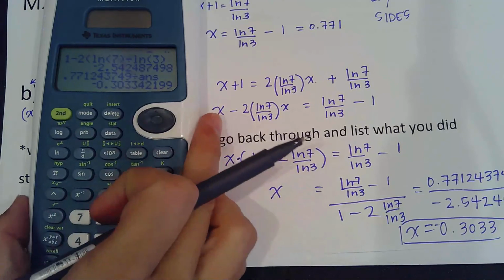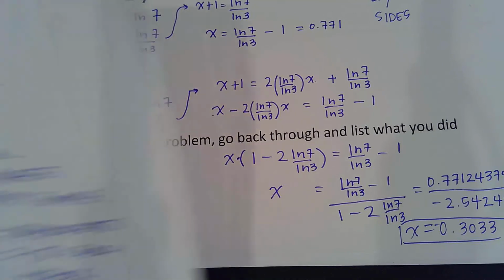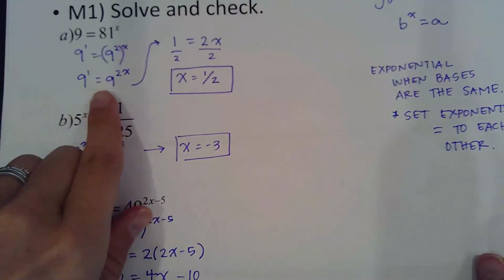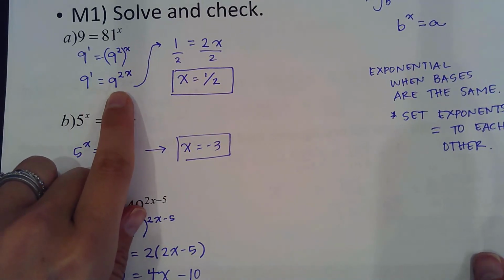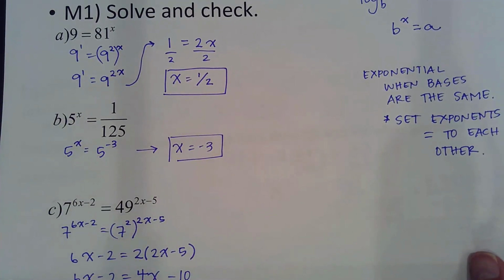Okay, so solving exponentials: if the bases are the same, we get the bases to be alike and set the exponents equal to each other.